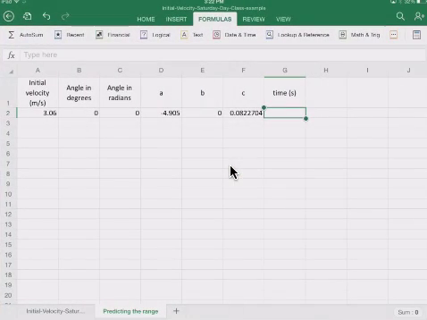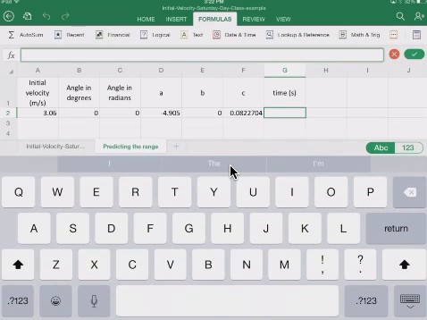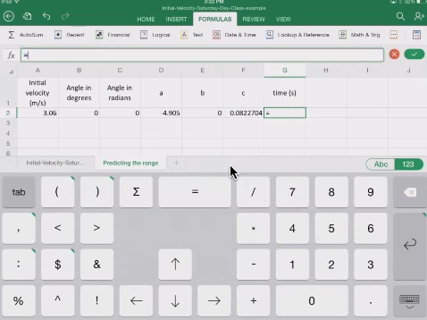So let's go ahead and put that in. We're not going to use the plus, we're just going to use the minus sign, because I know that the plus is negative. You can try it out yourself.